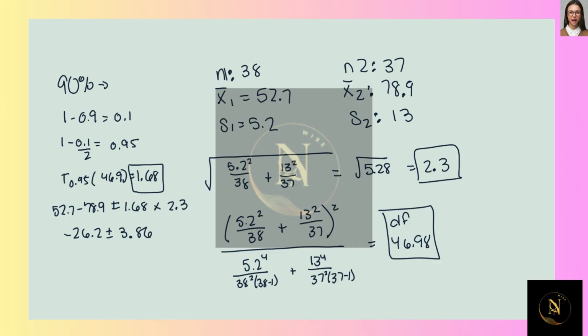So negative 26.2 minus 3.86 is negative 30.06, comma, and then adding them together would be negative 22.34.